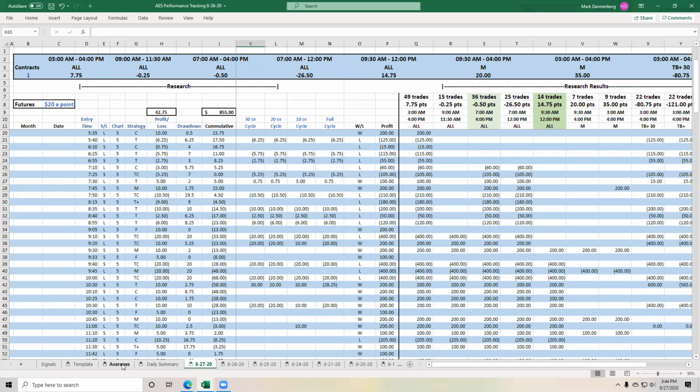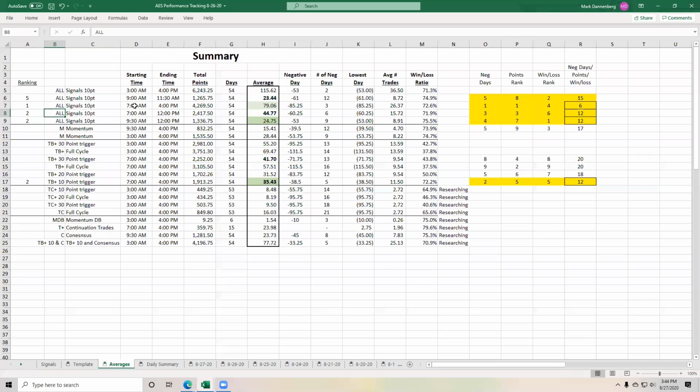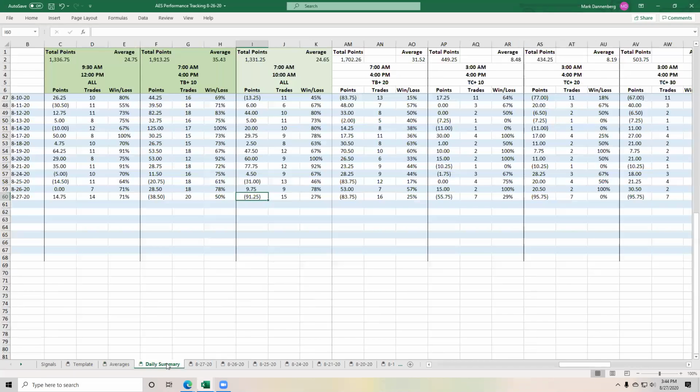So I'm going to change the time frame from 7 a.m. to 10 a.m., and now I'm going back to my daily summary. You can see that as of 10 a.m., the first 3 hours of this tracking, we're down 91.25 points.